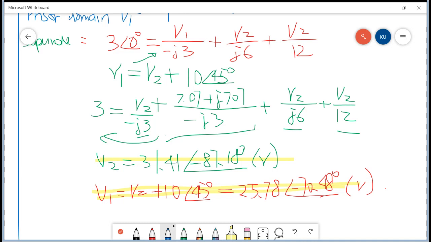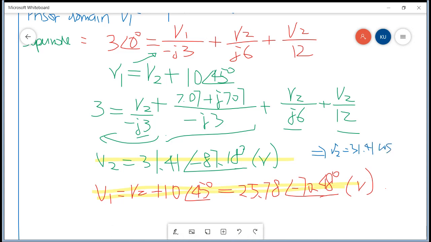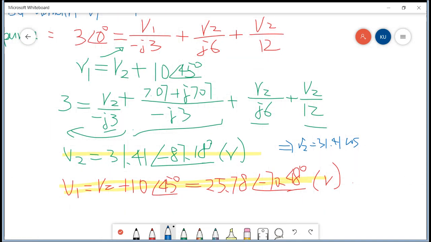But if you would like to convert it back to the time domain, V2 will be something like 31.41 cosine, actually we don't really know the frequency, so we can only write omega t minus 87.18 degree. It's not mentioned in this question.